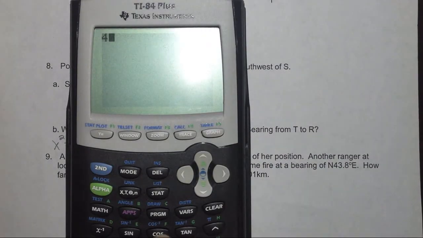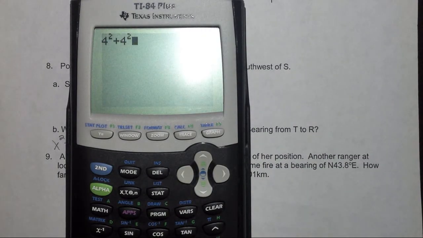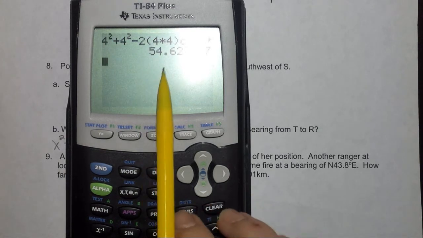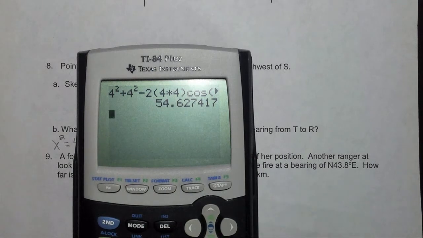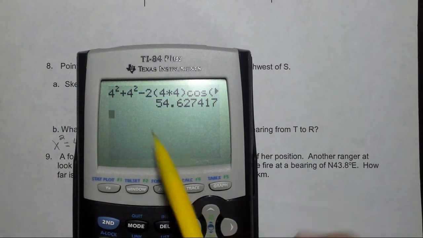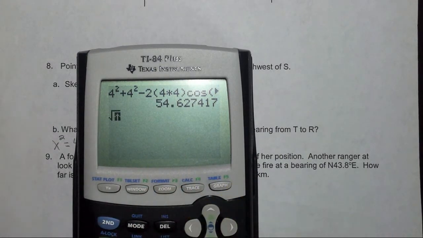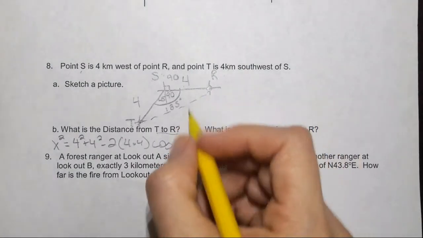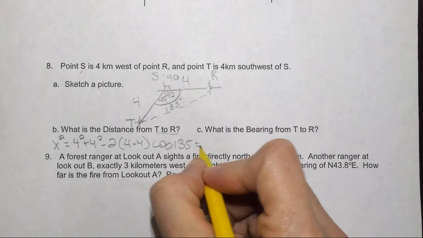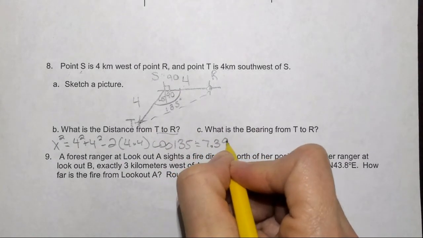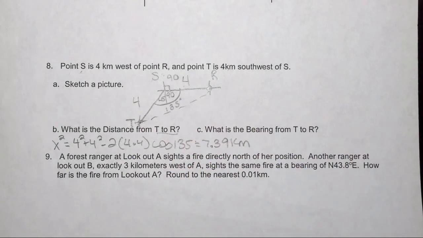So here we go. 4 squared plus 4 squared minus 2 times their product times cosine of the angle between, and we said the angle between was 135. You get this answer here, and that will probably be an answer choice on your test. Don't pick it. Remember to go take the square root of whatever that is, and we get 7.39. So equals 7.39, and we're in kilometers.